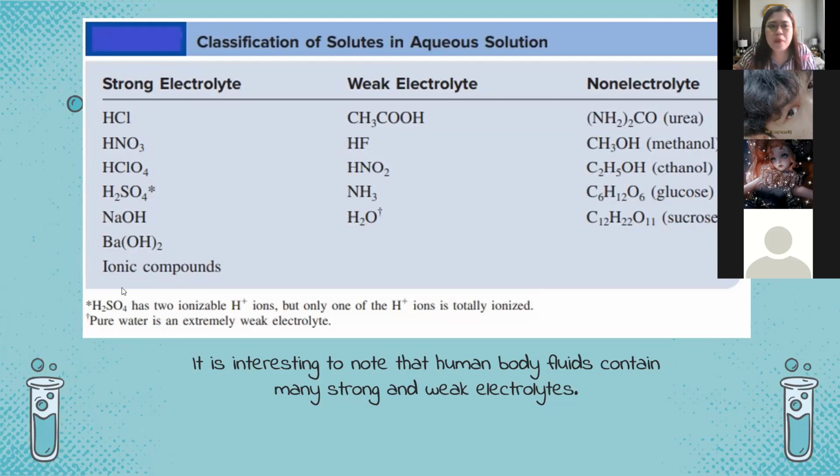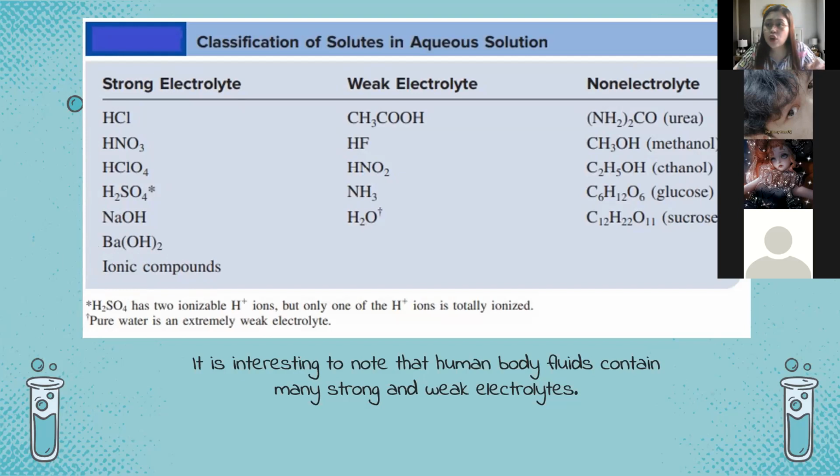And then itong mga ionic compounds, ito yung sinasabi ko na salts. They are all strong electrolytes. They are called strong electrolytes because they completely ionize in water. So the term there na bantayan ninyo is the word completely. There will be complete ionization, meaning lahat ng components niya dyan ay magiging ions, magkakaroon ng charges.